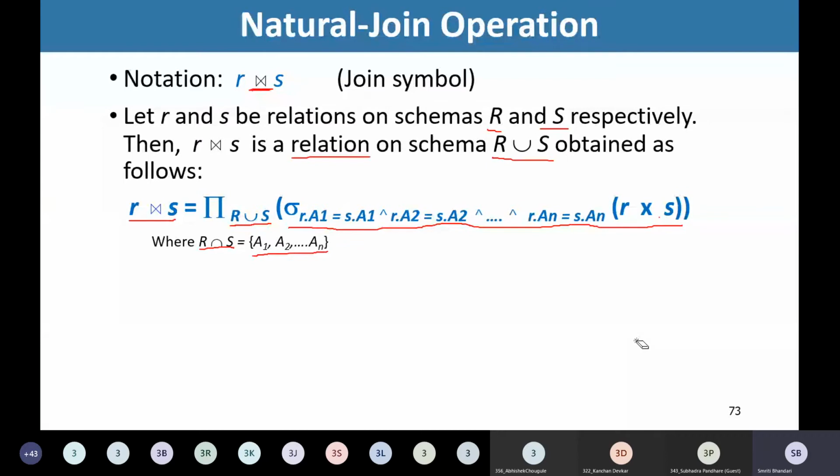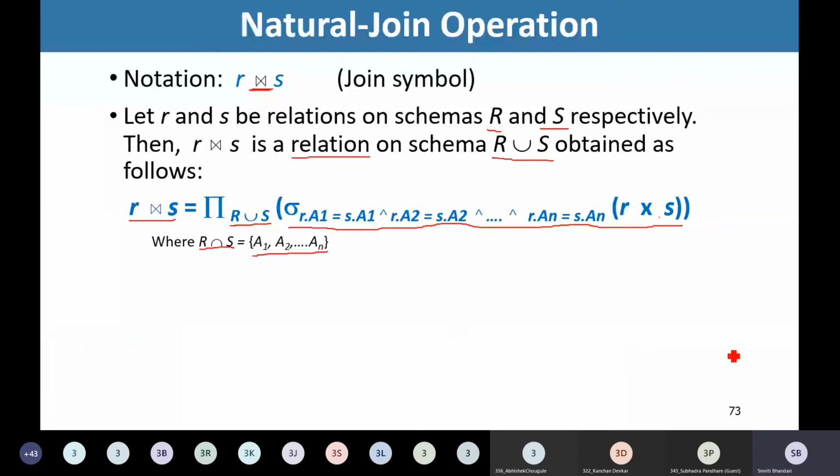And the reason was, in Cartesian product, we are having all the pairings of the tuples from R and S. So we do not have any logic to match the tuples, and that is why we are having the huge relation comprising of the number of tuples equal to the product of number of tuples of R and number of tuples of S. So simply we are having all such pairings, but some of the tuples in Cartesian product are irrelevant.